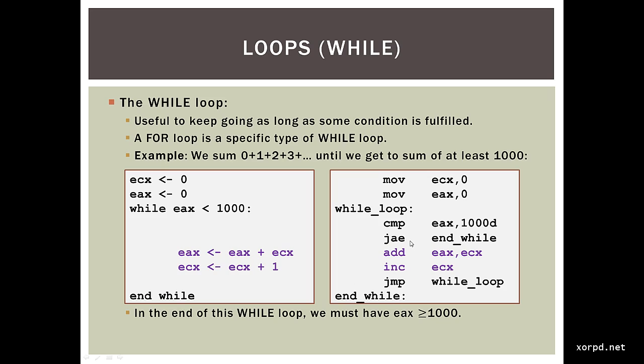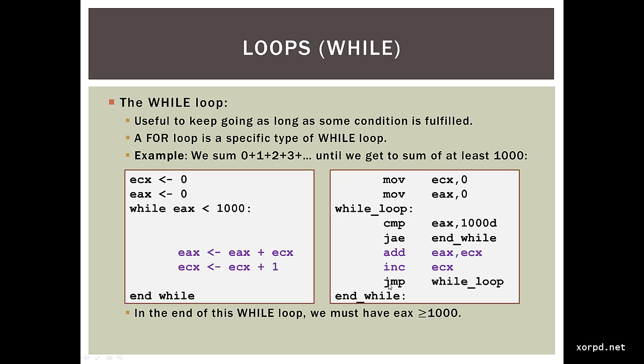But if the opposite condition is not fulfilled, then we go on to execute the actual iteration, the actual work inside the loop, which consists of those two instructions, which correspond to these two commands in the pseudocode. We just have the summation, which is add EAX, ECX, and then we increase the index, ECX.